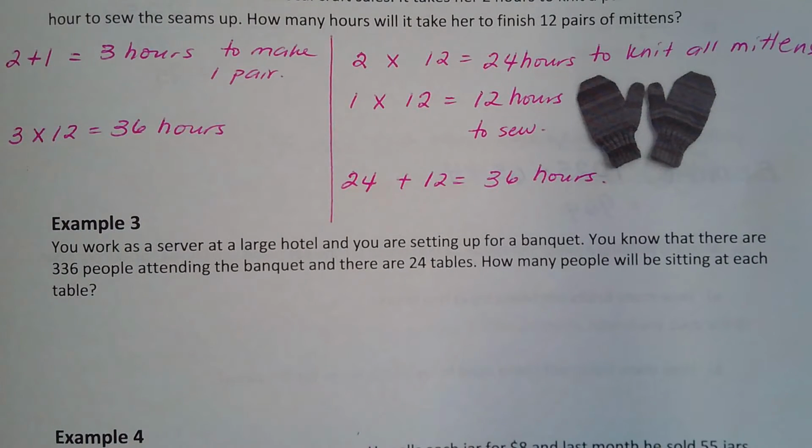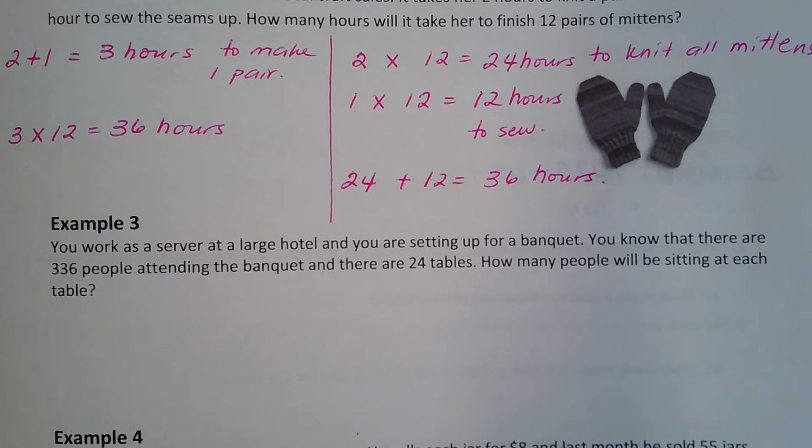So let's read example number 3. It says here, you work as a server at a hotel and you're setting up a banquet. So you know that there are 336 people attending and there are 24 tables. The question is, how many people will be sitting at each table.